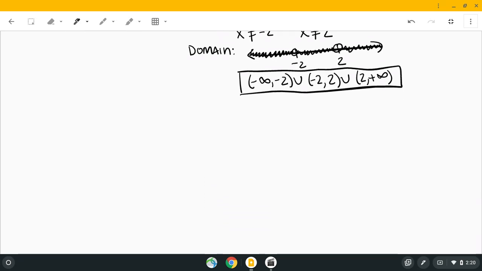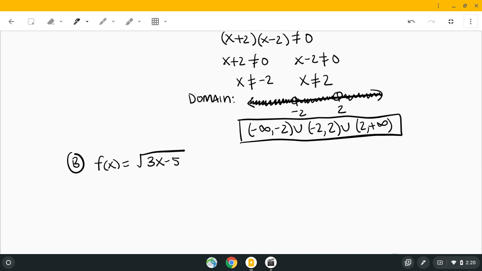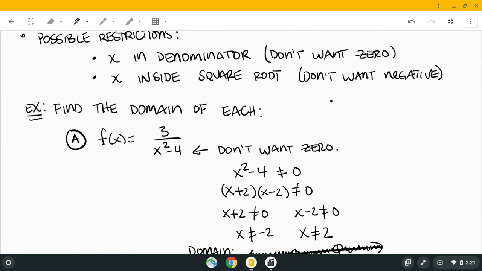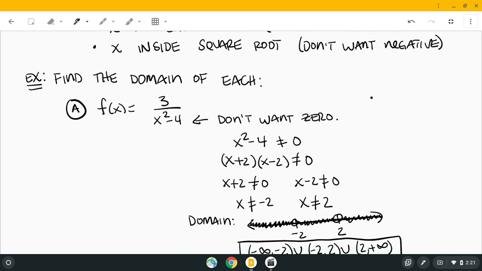All right, so let's take a look at this next one. Suppose that you have this function, f of x equals square root of 3x minus 5. Okay, so we do have one of our possible restrictions. We said up here, we don't want x inside the square root to create a negative.